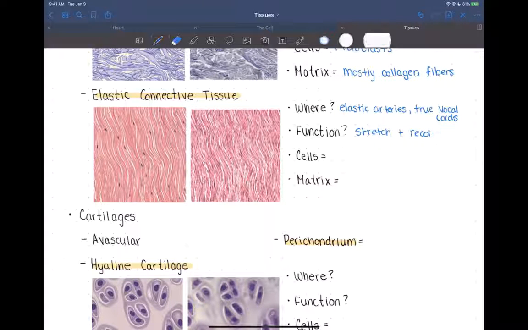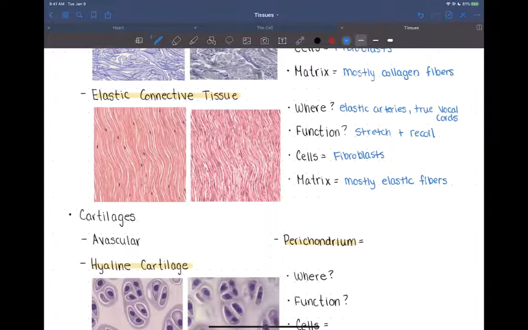All right, and so it's going to contain a ton of elastic fibers, so it's going to be made of mostly elastic fibers. To make all those elastic fibers, we're going to need a lot of fibroblasts. That's going to be the cells that we're going to find. Okay, so that's our elastic connective tissue, pretty simple.